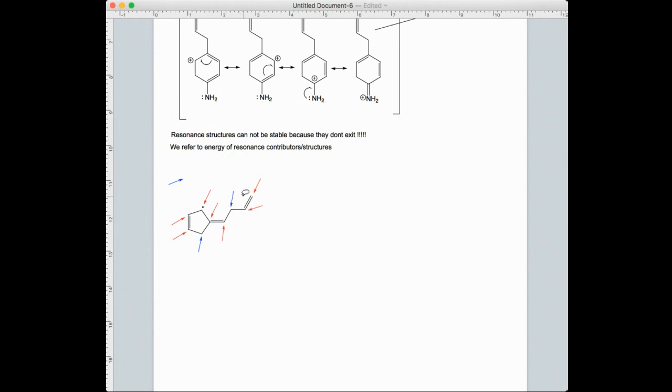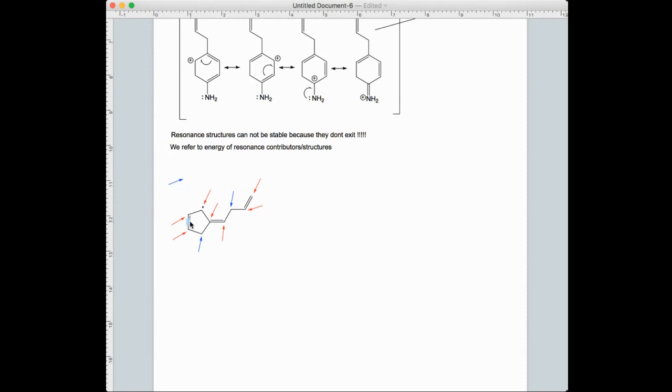This double bond is isolated because next to it there is an sp3 hybridized carbon. So there can't be any delocalization in between here and here because there is an sp3 right in the middle. Okay, no p orbitals over here. For sp3 hybrid orbitals, no delocalization.